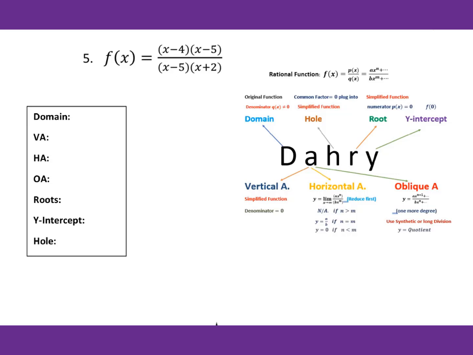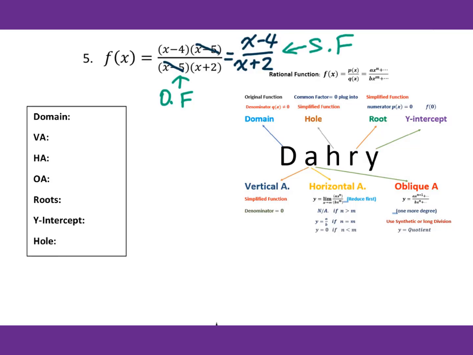Now let's go to number 5. First of all, we reduce x minus 5 and x minus 5. We get x minus 4 over x plus 2. This time, you have to be very careful. We call this the original function, and this the simplified function.